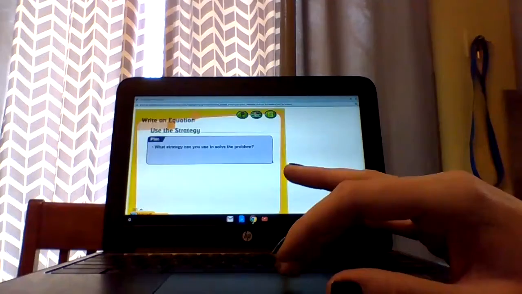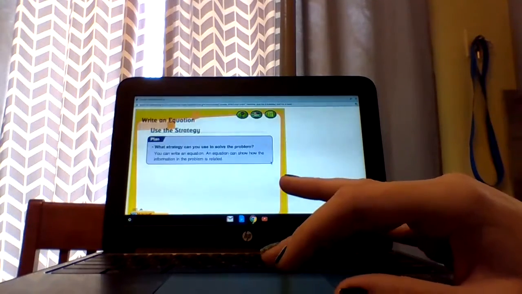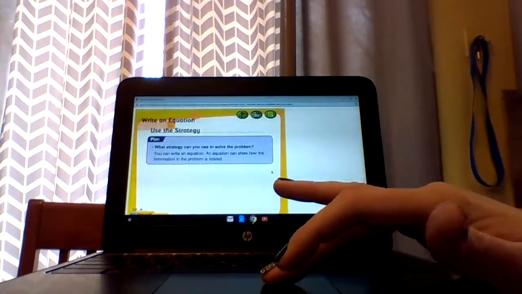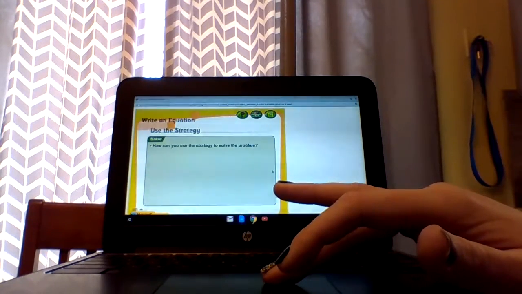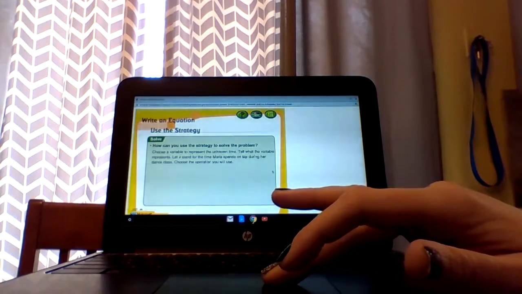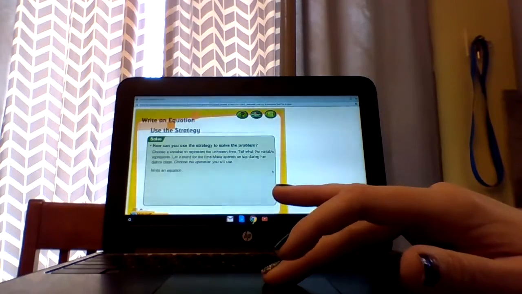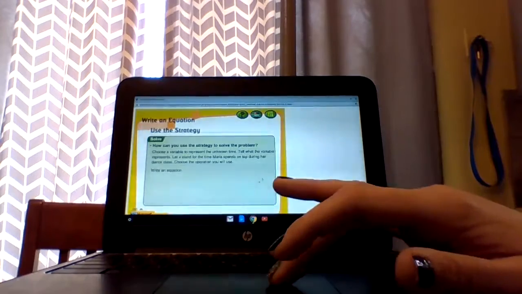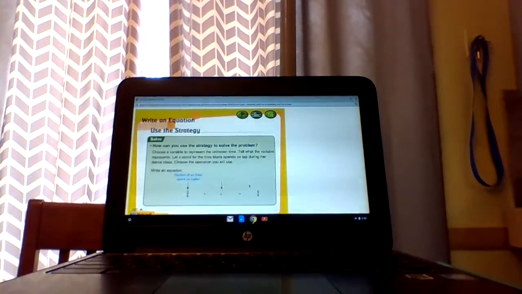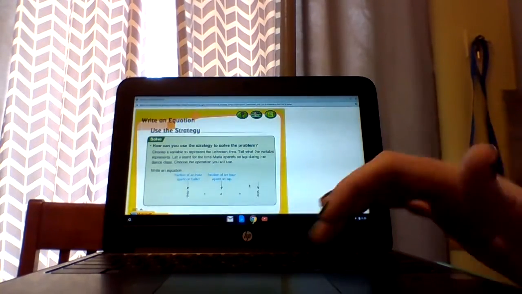So, what strategy can we use to solve this problem? We can write an equation. What would you use? I would use addition. Let's see what they want to do. 3/6, that's what they're doing. 3/6 plus what equals 6/6? Because we have to have 6 over 6, that equals 1.